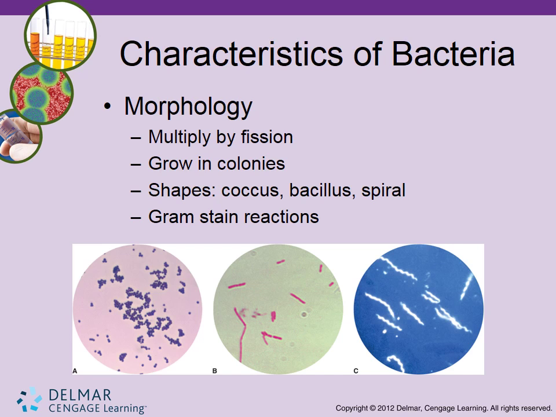So we report these gram stain reactions as gram positive or gram negative. Gram staining is a microbiological procedure that categorizes bacteria based on the physical and chemical structure of the outer surface of the cell, or the cell wall.